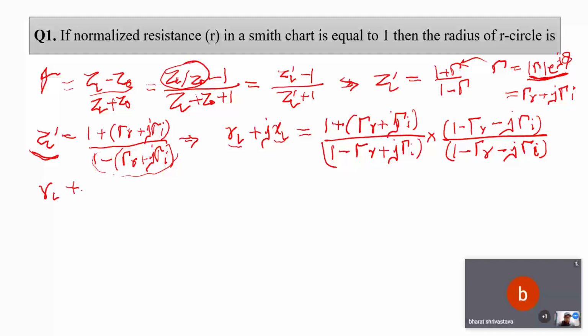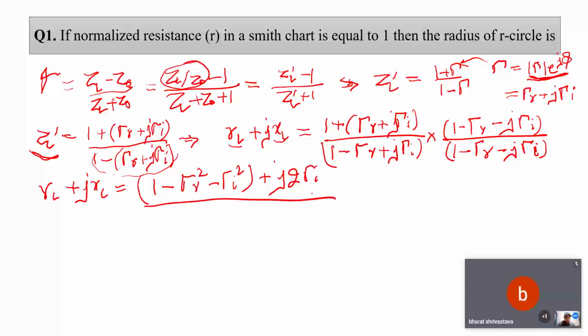RL plus jXL is defined as 1 minus gamma r square minus gamma I square plus j 2 gamma I over 1 minus gamma r square plus gamma I square.